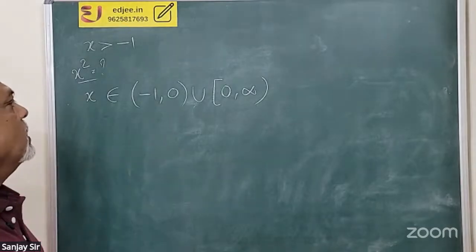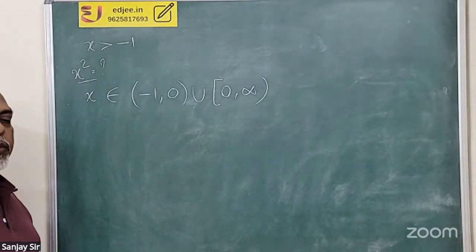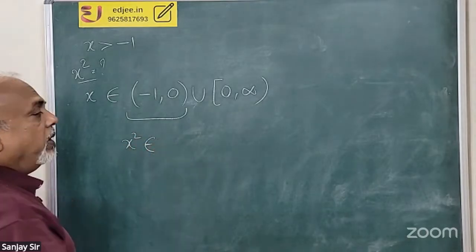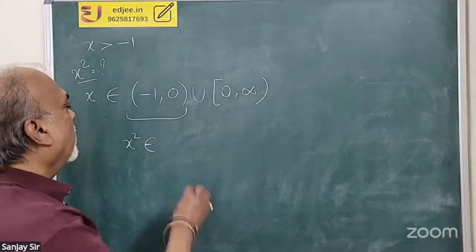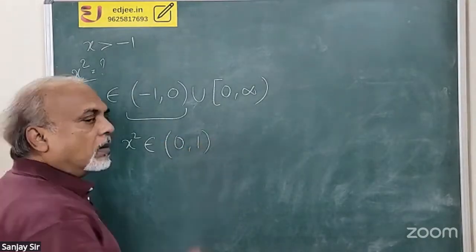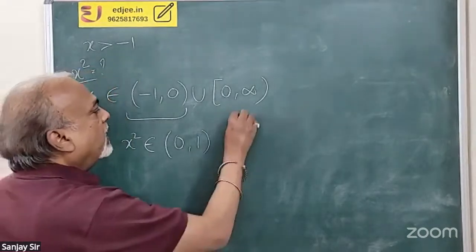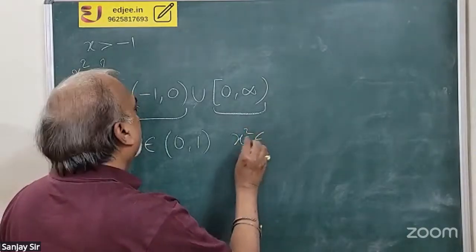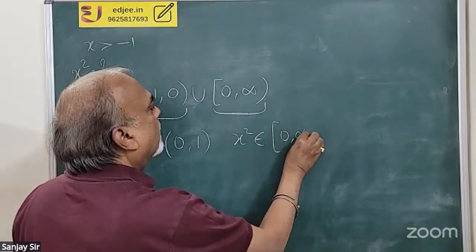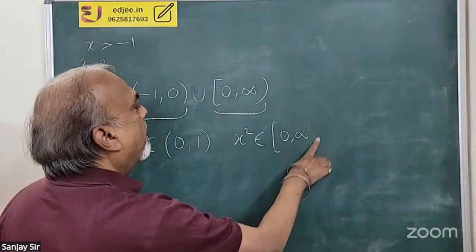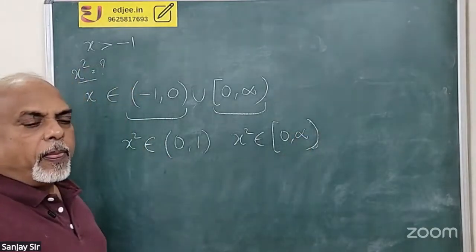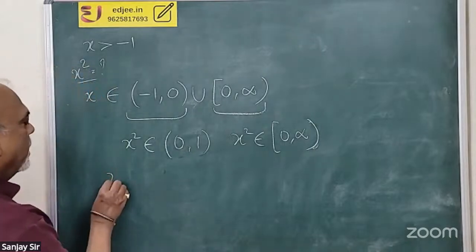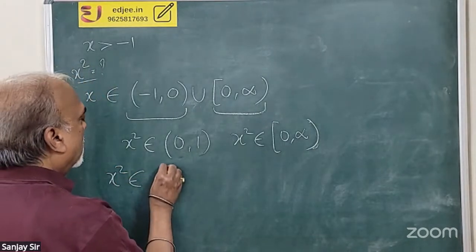Now, in both these intervals, just see what x square is. In each of them x square belongs to 0 to 1 and 0 to infinity, so x square again belongs to 0 to infinity.